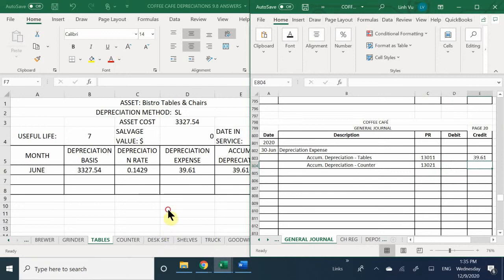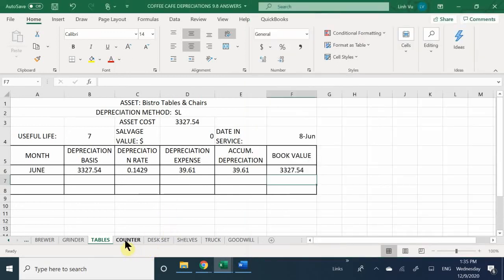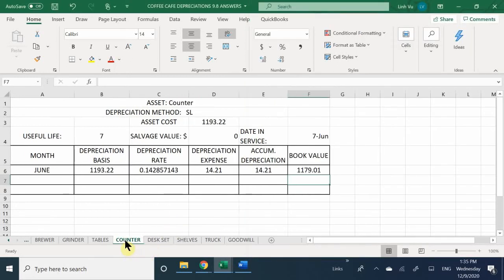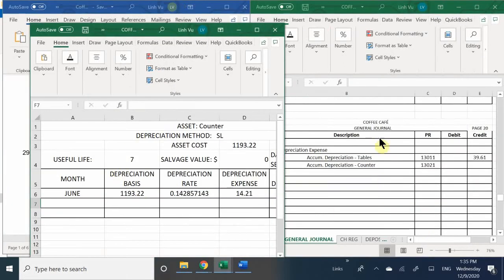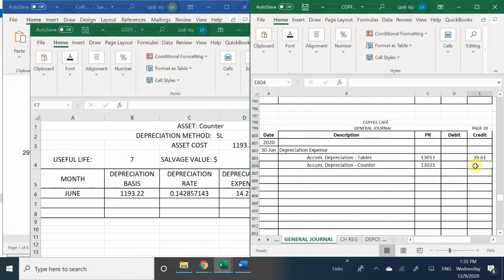And let's go to our depreciation table. For the counter, how much is it for? $14.21. So 14.21. And then which account is next?